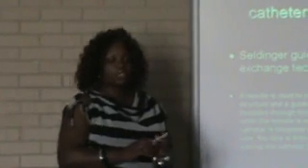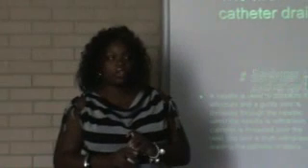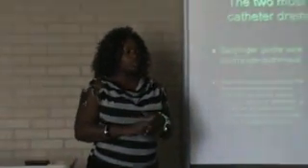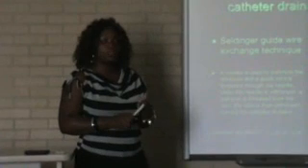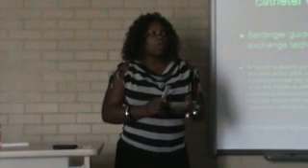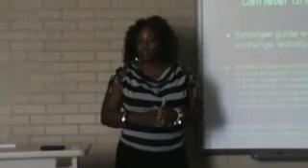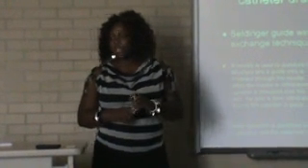The 2 most commonly used catheter drainage procedures. One would be our Seldinger guide wire exchange technique. This is basically where a needle is punctured into the structure, a guide wire is threaded through the needle, and once the needle is removed, a catheter is threaded over the guide wire. Once the guide wire is removed, the catheter is set in place.